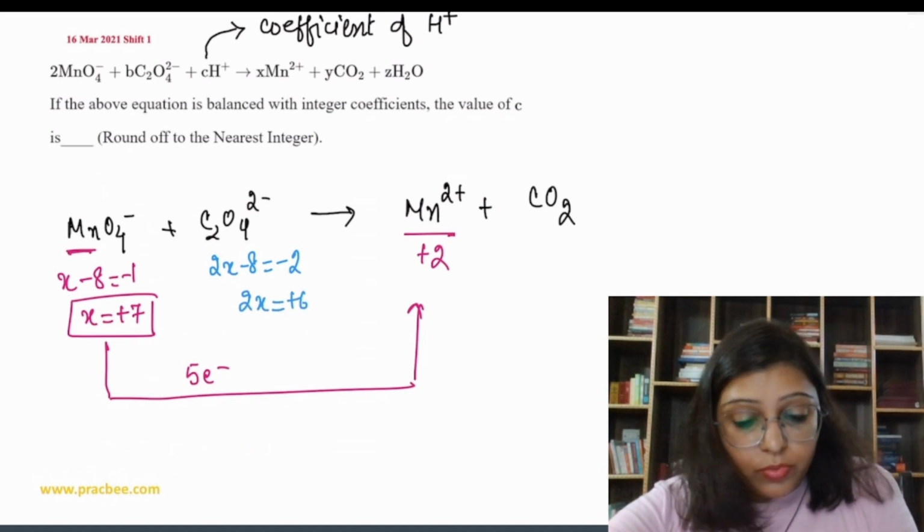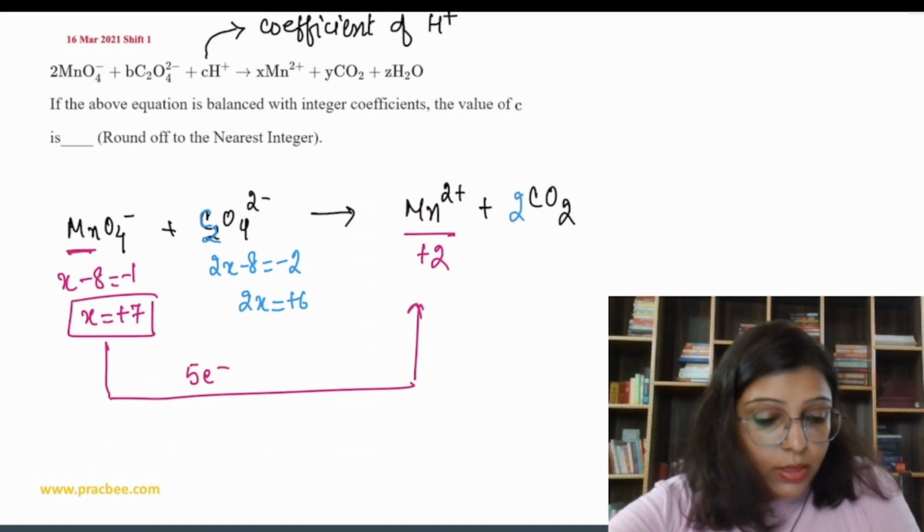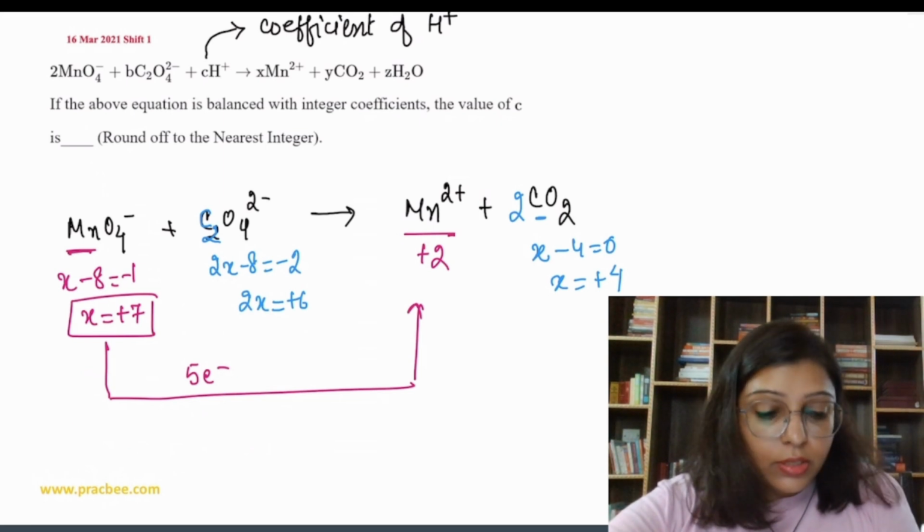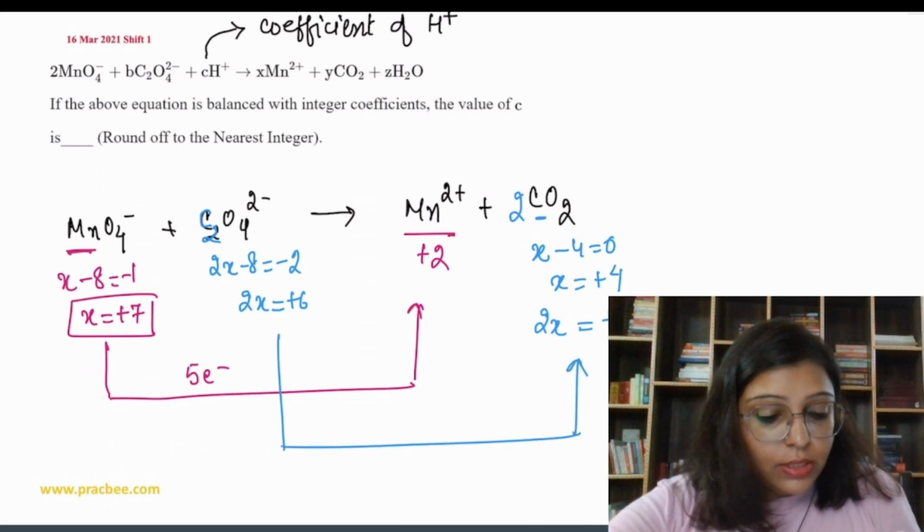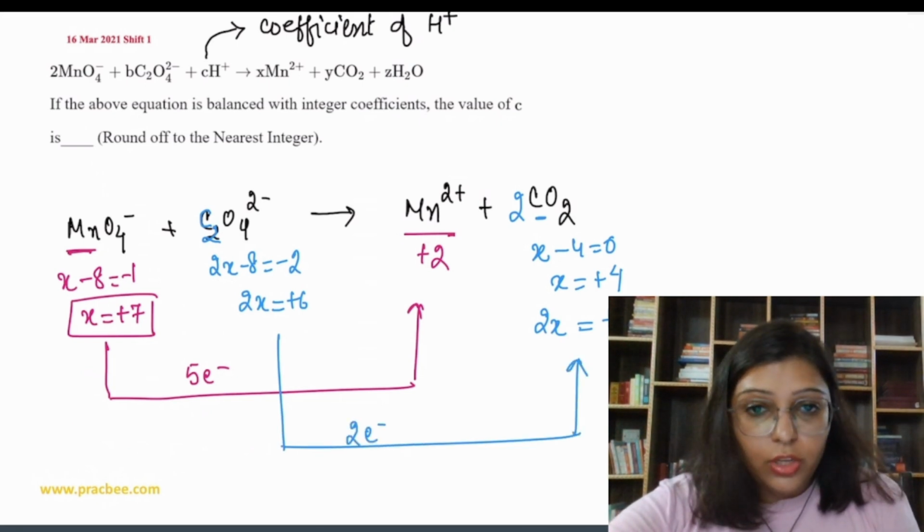Here we have 2 carbons, so first we have to balance carbon. With respect to 1 carbon, the oxidation state is x minus 4 equal to 0, so x is +4. But we have to find the oxidation state with respect to 2 carbons, so 2x is equal to +8. So here oxidation involves a 2 electron change.